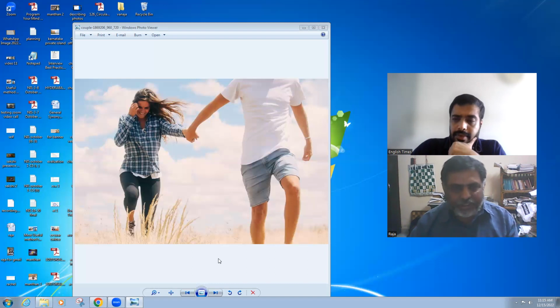So I said, who are they? I said they are a couple. I said, where are they? They are in the field. I said, when are they doing this activity? I said they are doing it in the morning. I said, why are they there? I said they are there both for exercise and for inspecting their fields.